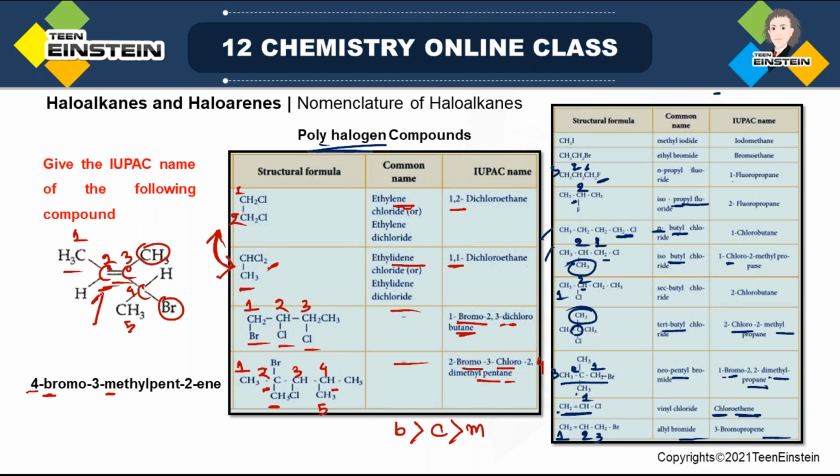And at the 2 position there is the double bond. So after 3-methyl it is pent-2-ene. Now it is not an alkane derivative, right? So we cannot end the name with the suffix "-ane". "-ane" is for alkane, but in this case it is "-ene" because it is an alkene. Fine. So 4-bromo-3-methylpent-2-ene.